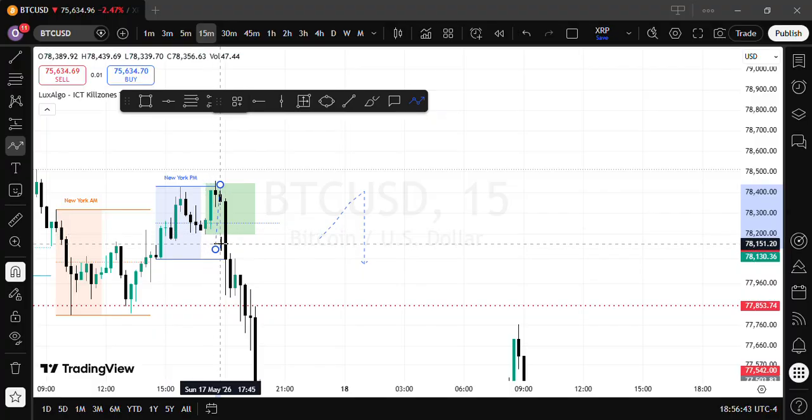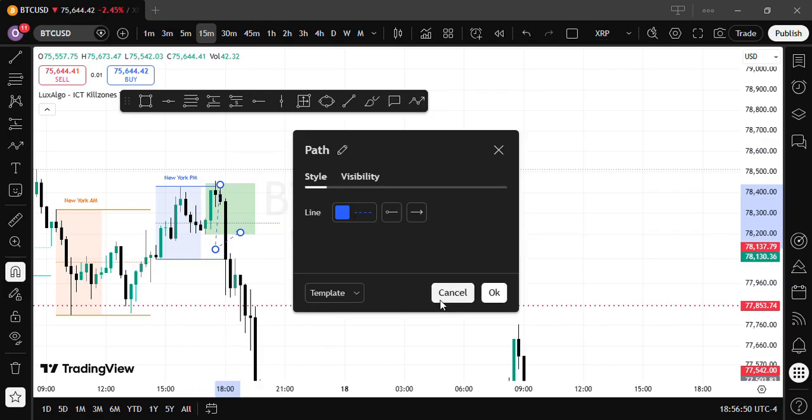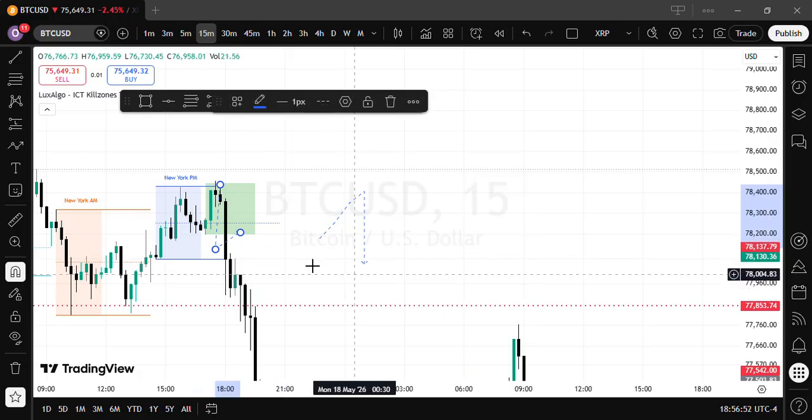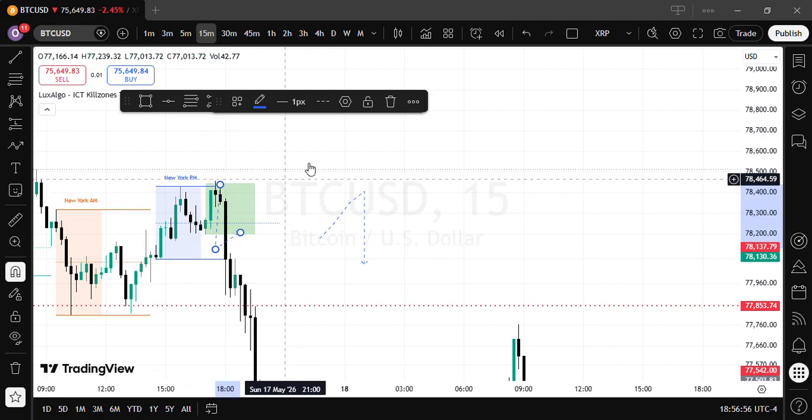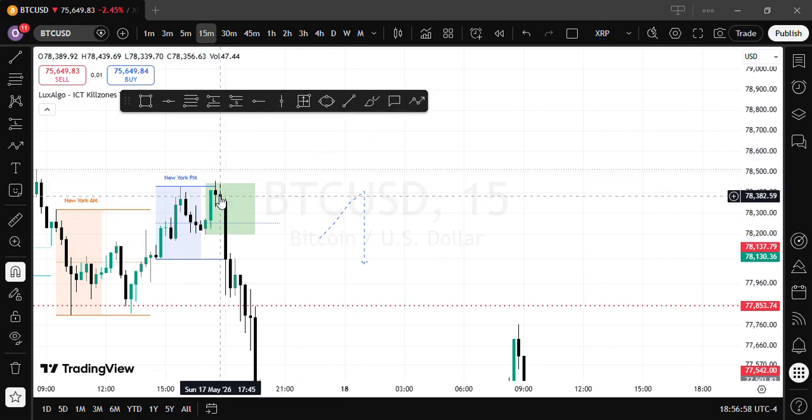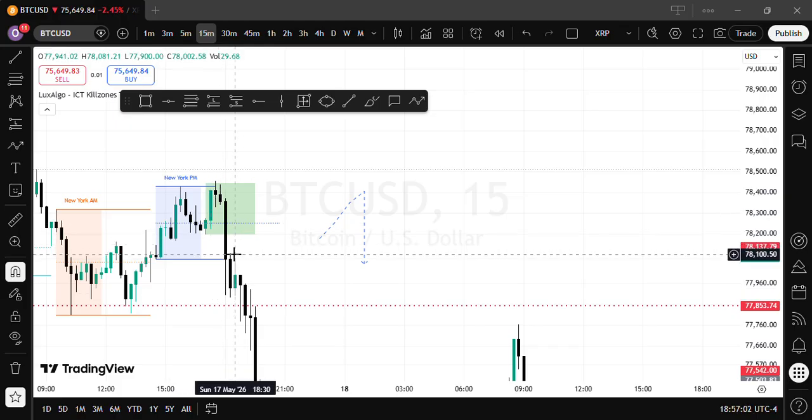If it takes it out immediately, then what I'll be expecting is for price to come back and react at this one, two, three candle, which I'll take as my order block. But since price did not immediately take it out, it was the second leg, I'll just expect the fair value gap. That's one secret about order blocks that is not taught anywhere.